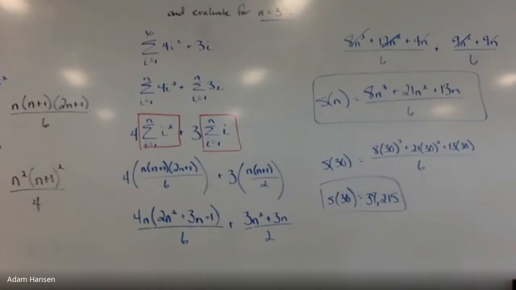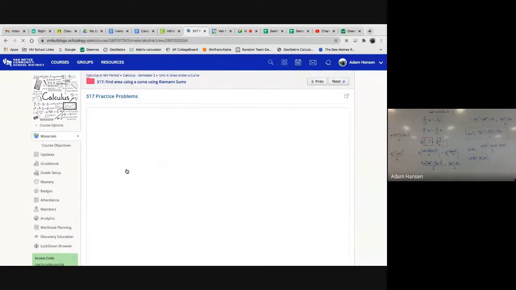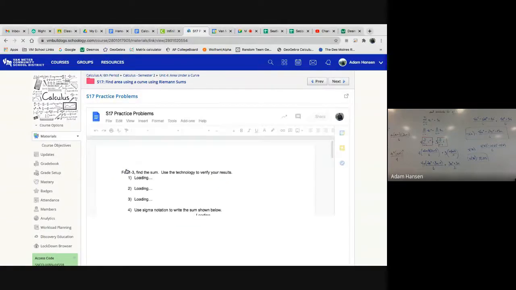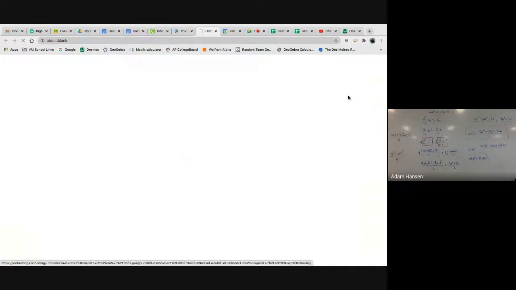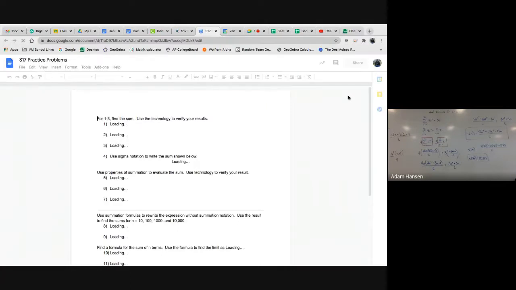So area under a curve, unit 4, standard 17, Riemann sums: using Riemann sums to find the area under a curve, the exact area, not an approximation. After today's lesson, you should be good through the first 7.